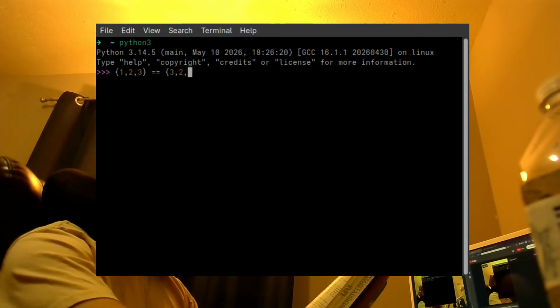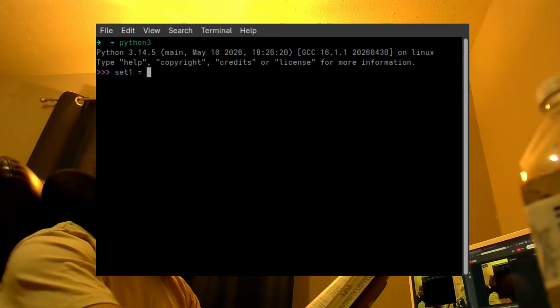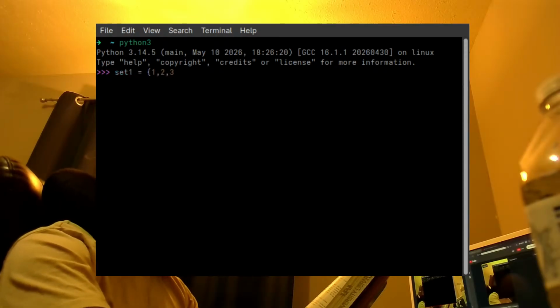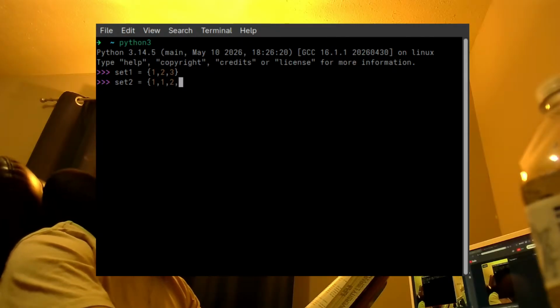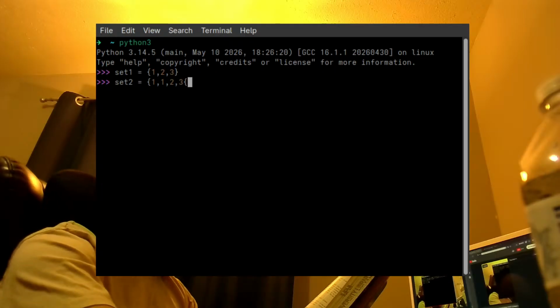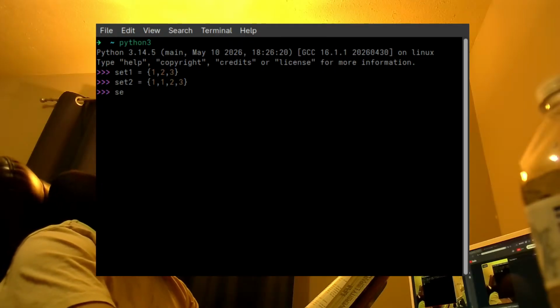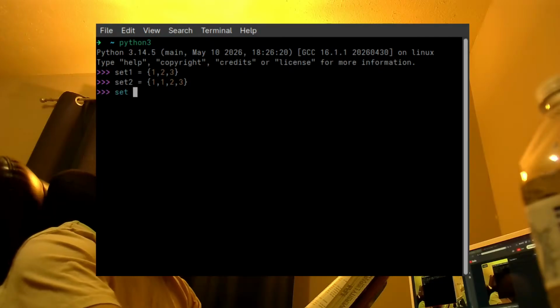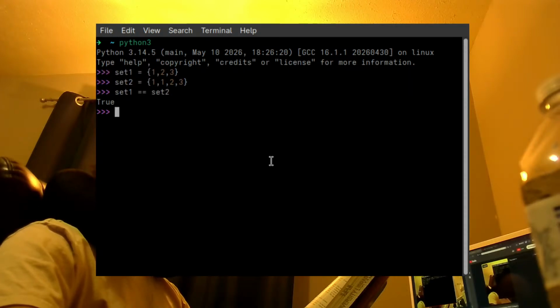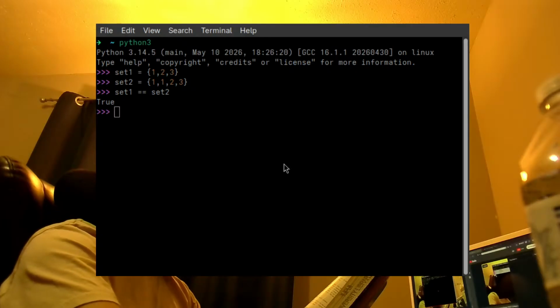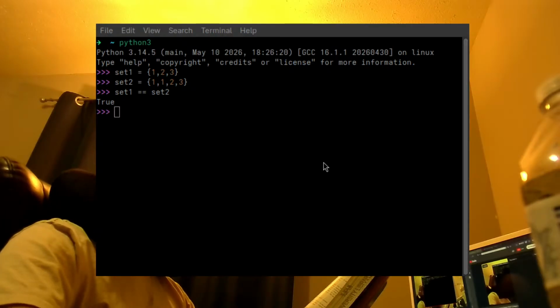Right, so let's see what Python has to say about this. Set 1 will be 1, 2, 3, and then set 2 will be 1, 1, 2, 3. Okay, and then we'll simply say set 1 equal to set 2. True. That's interesting. Who knew that? Did you guys know that? I didn't know that. In fact, I want to send this to my friend.